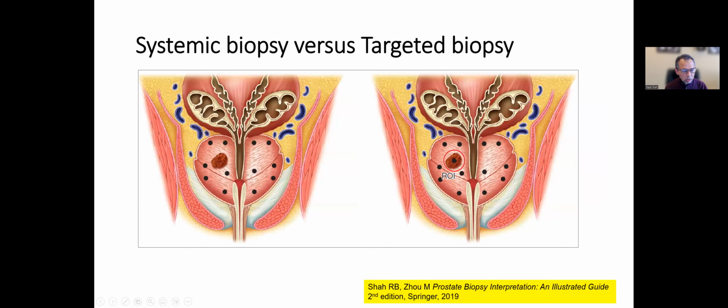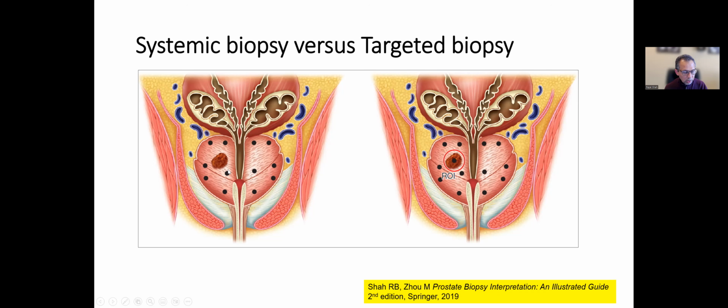So this cartoon shows you that when you use standard sampling techniques without the use of multiparametric MRI, you can miss the clinically significant prostate cancer. These black dots indicate the number of biopsy cores taken as well as the location.